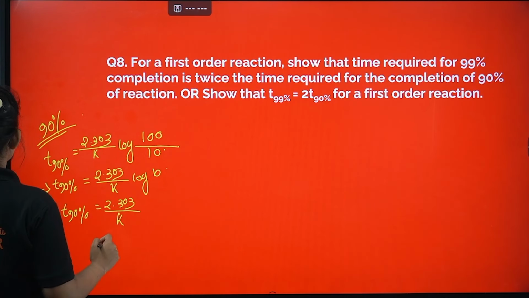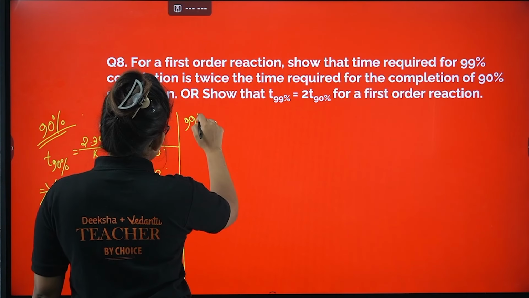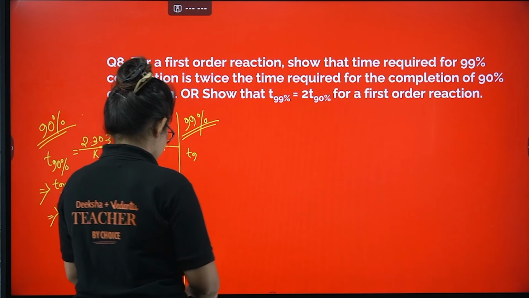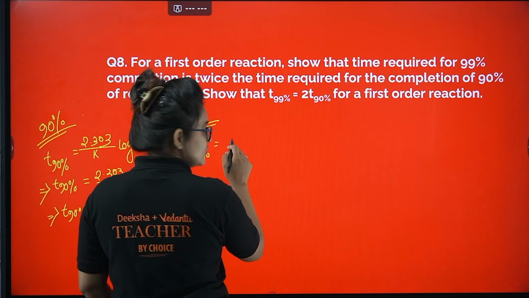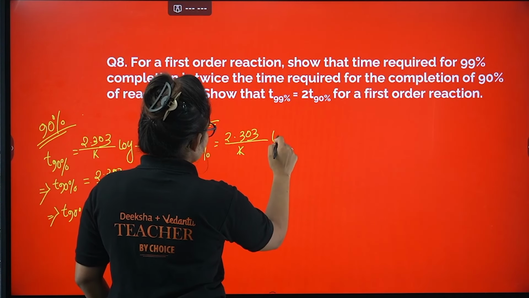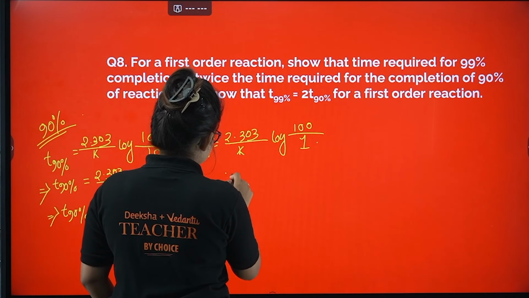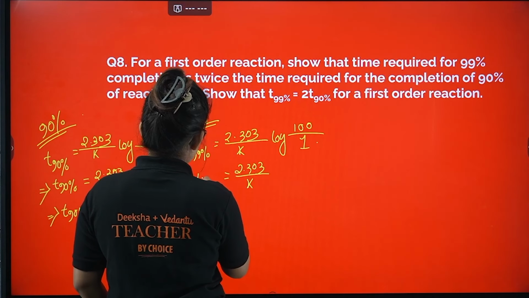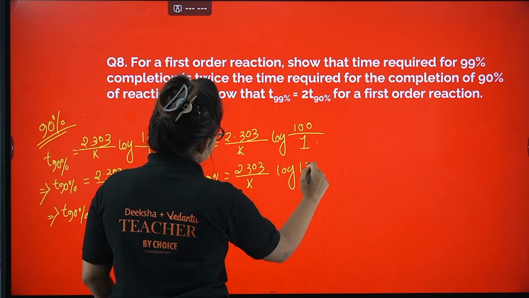Now we will go ahead with the same thing for 99%. T 99% will be equal to 2.303 divided by K log 100 by 1, right? So 2.303 divided by K into log 10 square, right?